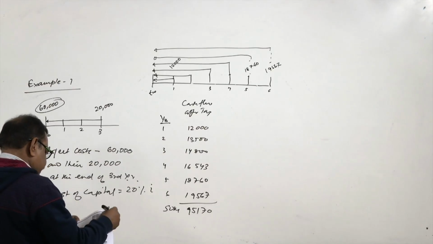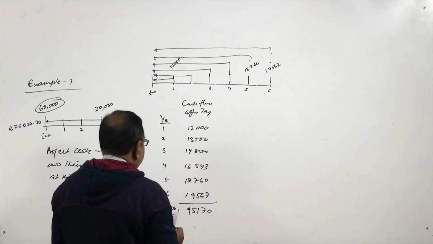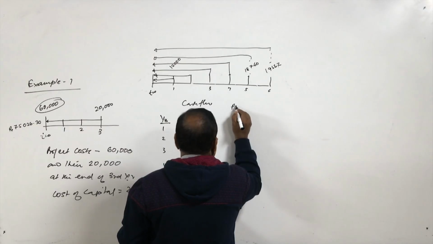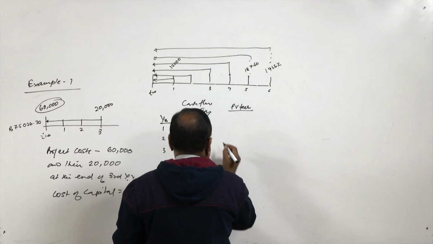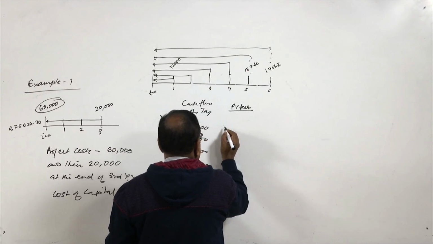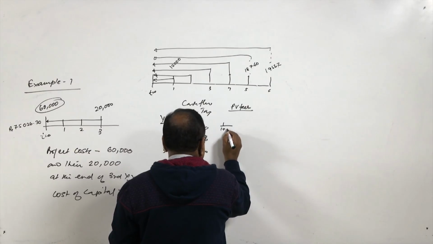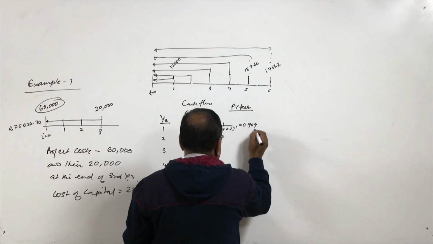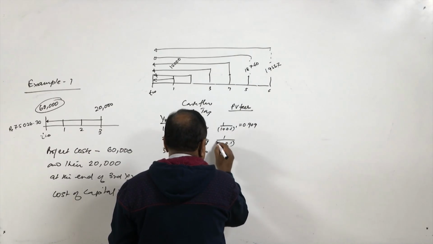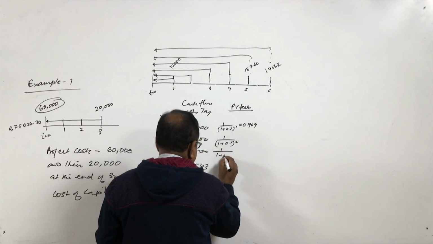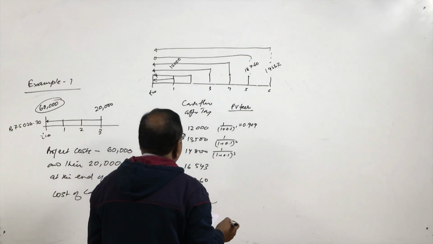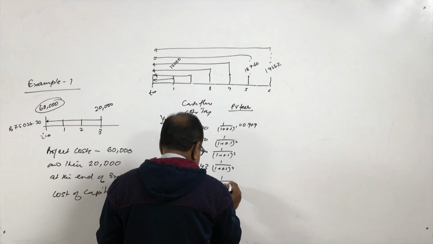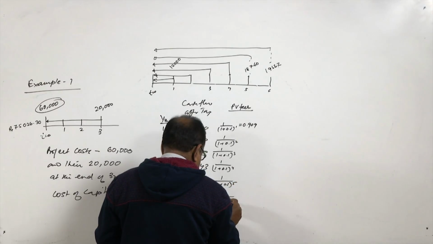So, if I do that, the PV factor, the present value factor for this is 1 divided by 1 plus 0.1 to the power 1, this comes out to be 0.909, this is 1 divided by 1 plus 0.1 squared, this is 1 plus 0.1 cubed, similarly to the power 4, 5, and 6.